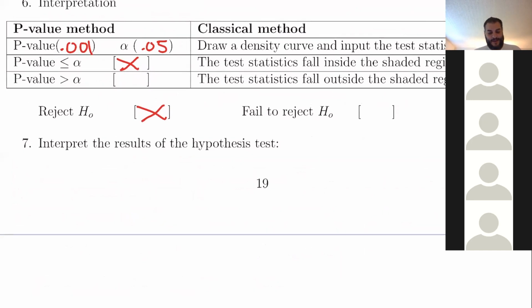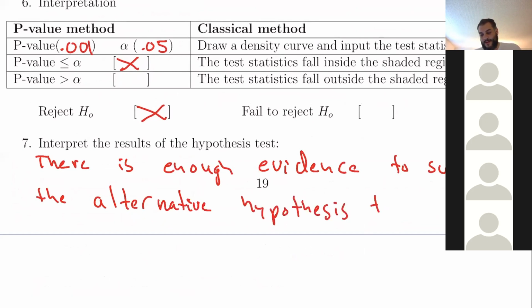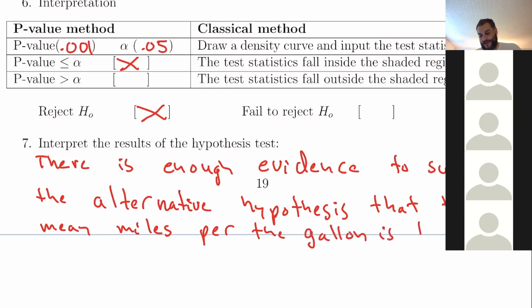So we say there is enough evidence to support the alternate hypothesis that the mean miles per gallon is less than 50, less than 50. All right, and that'll be it for that second problem.